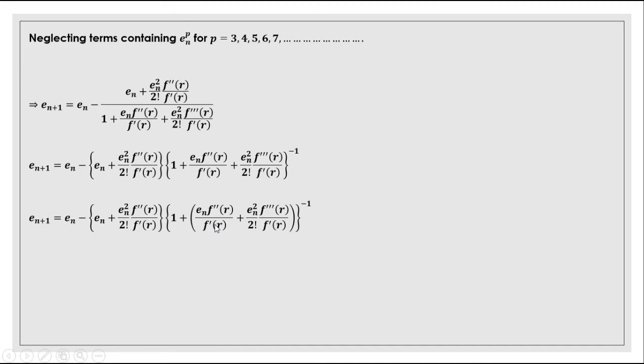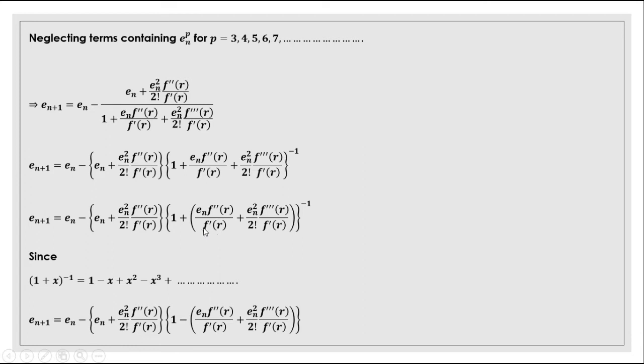We have a result that if you have (1 plus x) whole power minus 1, then you can expand it, and I will show you the result. How can we expand it? We can expand it by the binomial theorem: (1 plus x) to the power minus 1 will be equal to 1 minus x plus x squared minus x cubed plus and so on.